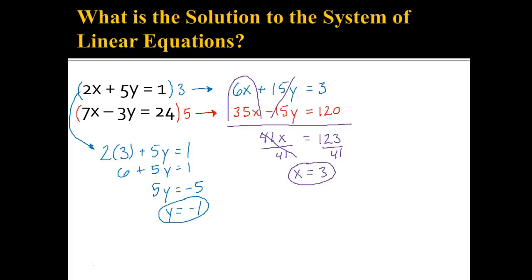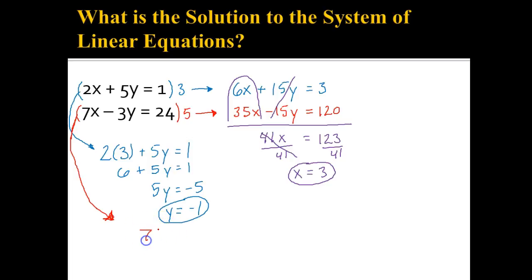Before I put that into permanent form somewhere, or put a box around it, I'm going to take that second equation. I used the first equation to figure out what y equals. I'm going to take that second equation and just rewrite it with my x and y values in place and see if this works out for me.